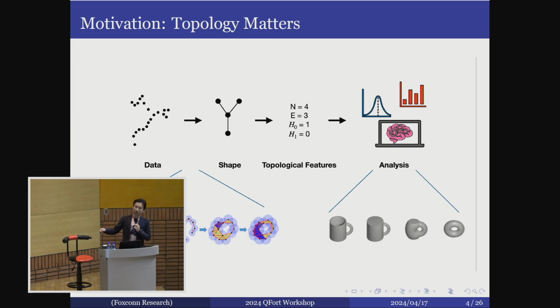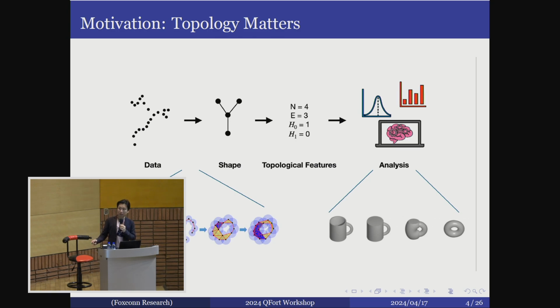From the topology of the shape, we look at some of the features, and from the features, hopefully it would give us hidden information in the data. We can perform this analysis to look at relevant topological features, and I will show you what kind of features we care about in TDA, topological data analysis.